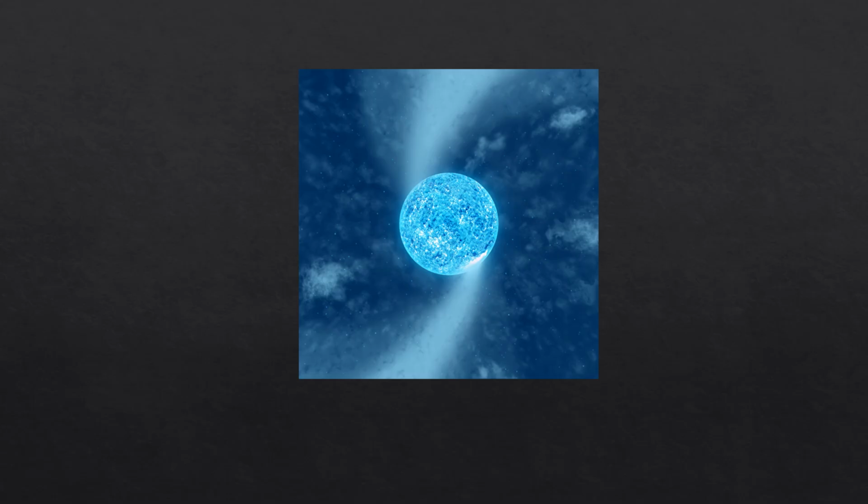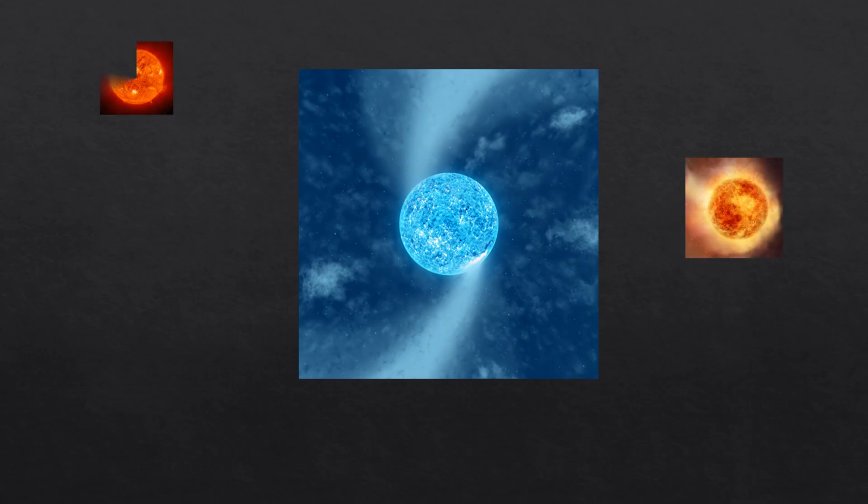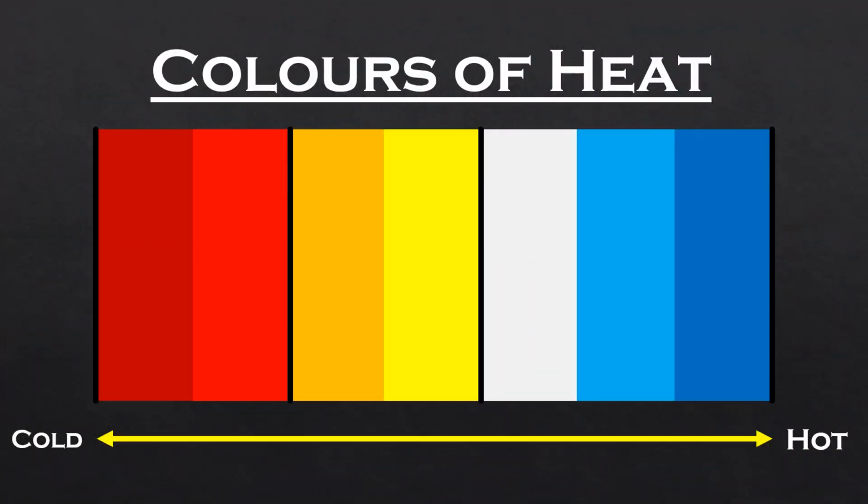Now you might have noticed that unlike other stars, the massive star is blue in color. Meanwhile, other stars are almost yellow, orange or red. Well, you might not know this, but heat actually has colors. Like we see orange flames and sometimes we see blue flames, which are different temperatures and have different colors.